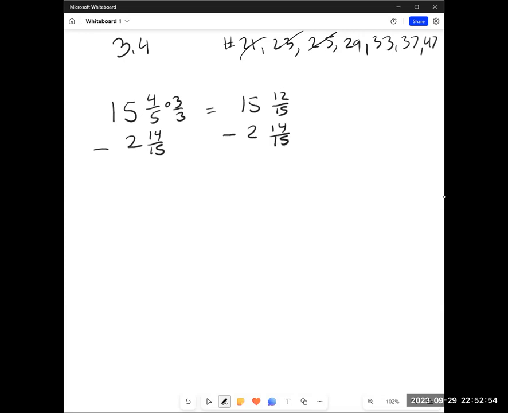We're going to have to borrow because 14 is bigger than 12. So we're going to borrow 15/15 and get 14 and 27/15 minus 2 and 14/15 is 12 and 13/15.